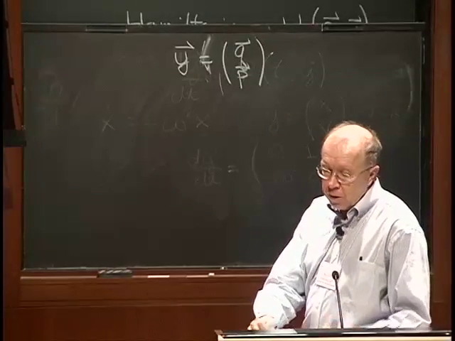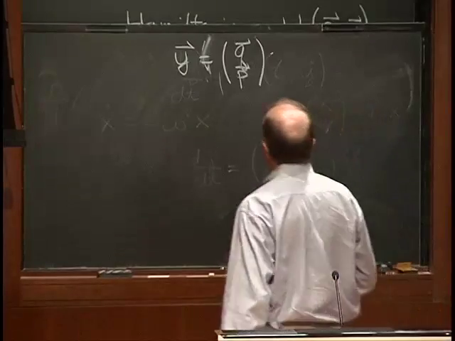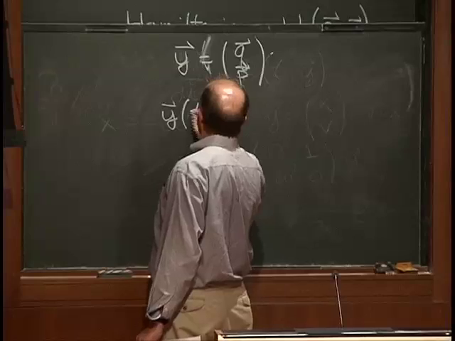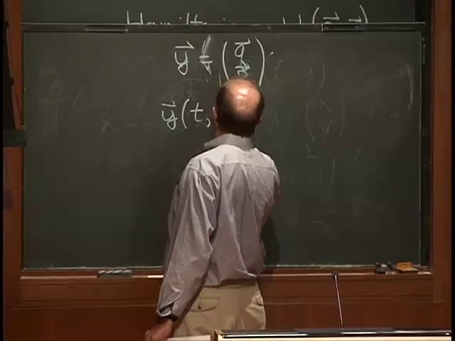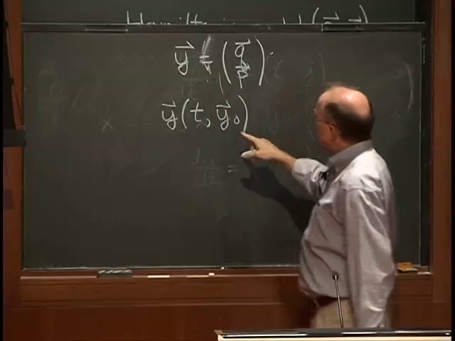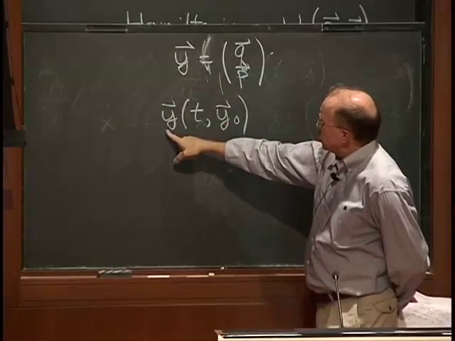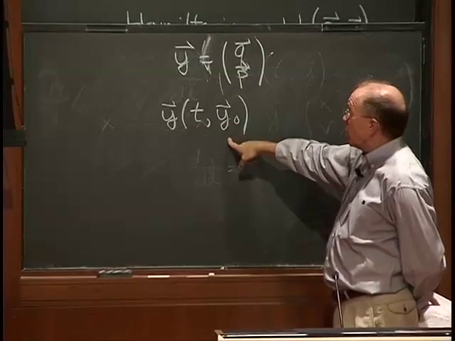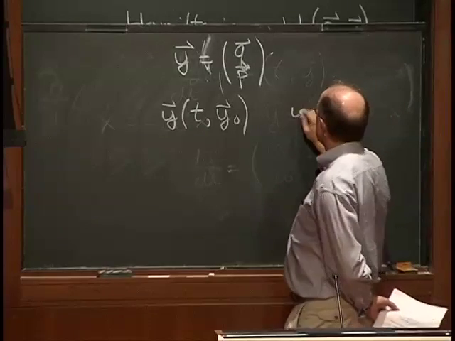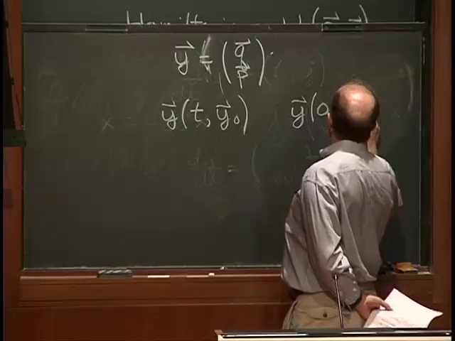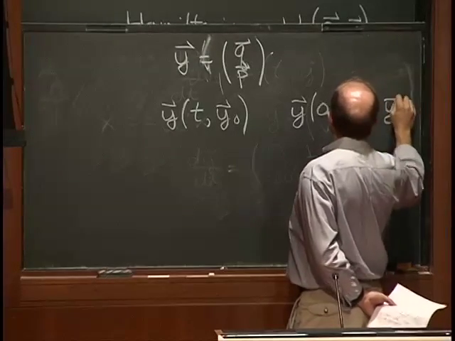The next thing I'll do is to define a flow which says that y is a function of time and y0, the phase space position of something at time t that was at y0 at time 0. So basically y of 0, y0 is equal to y0.